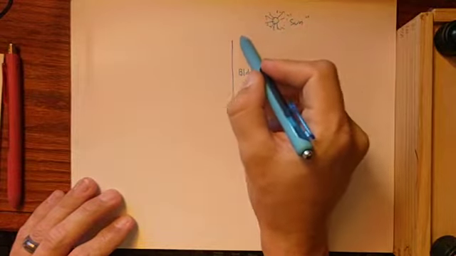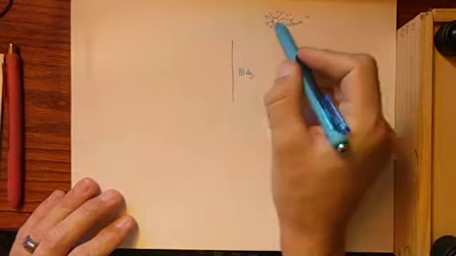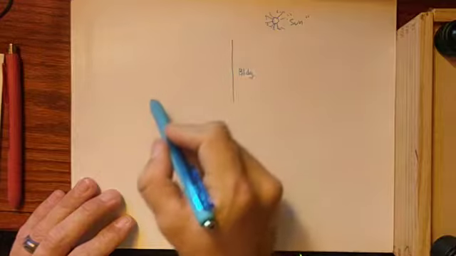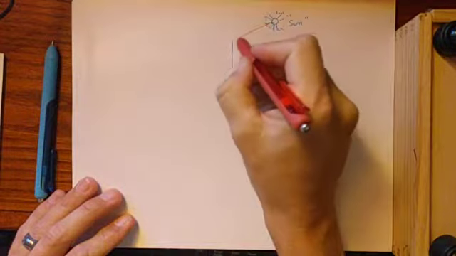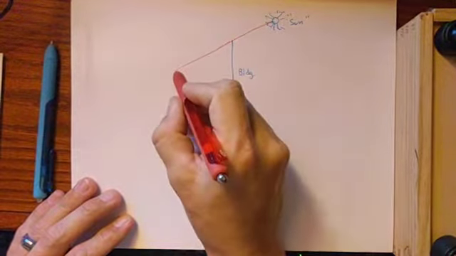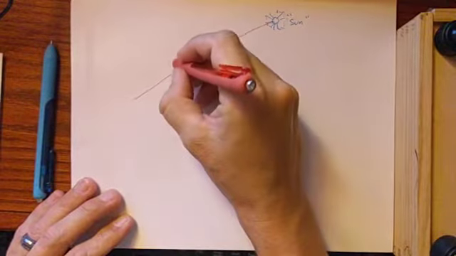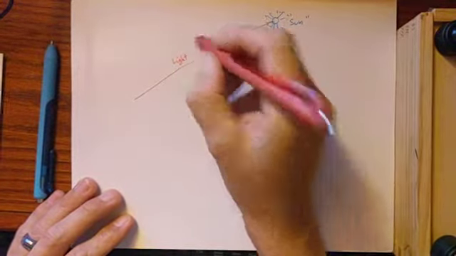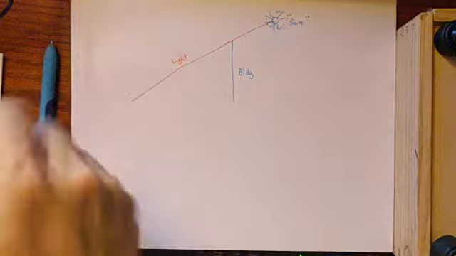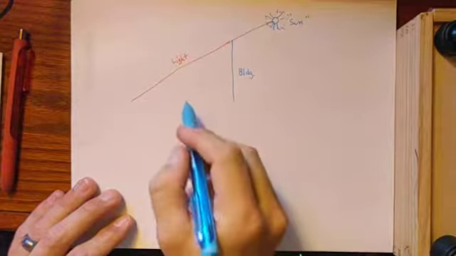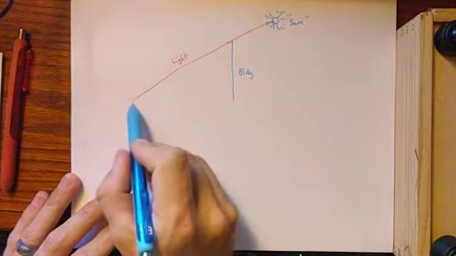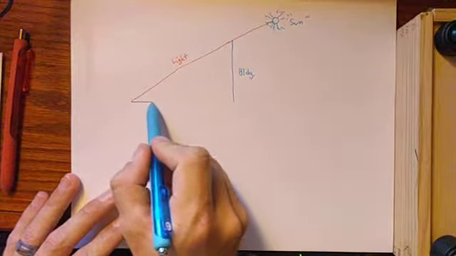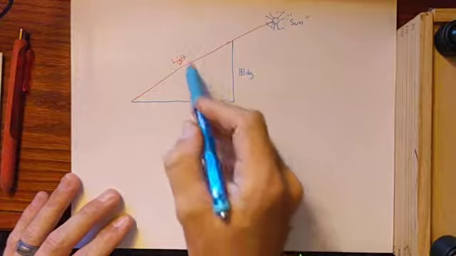And when it does, the ray of light continues on. And so let me draw this in a different color. If you can think of this segment as being the ray of light, then the part of the ground between that ray of light and the building would be in darkness.